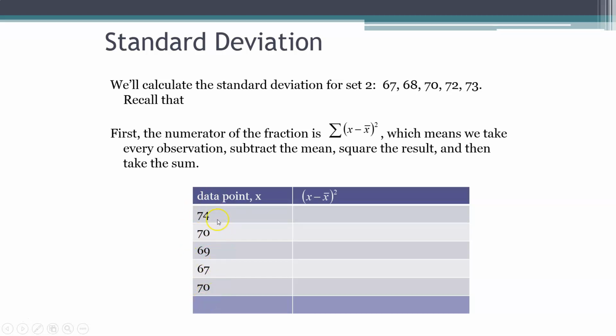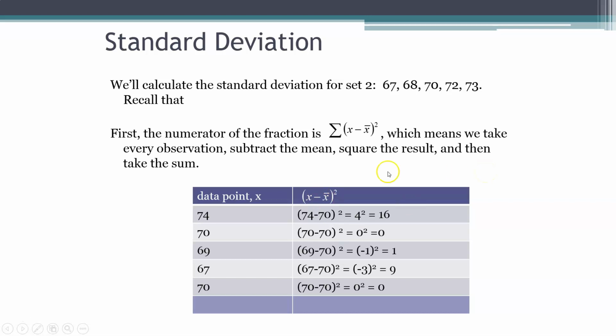We first have to find the mean here. The mean of those observations is 70. So we're going to take each one of these, subtract 70 from it, and square the results. So 74 minus 70 is 4, square that, we get 16.